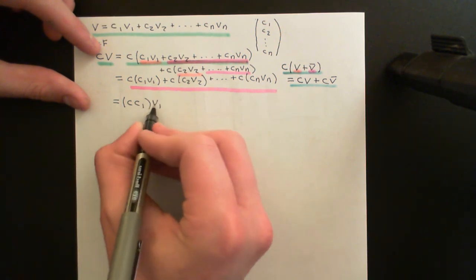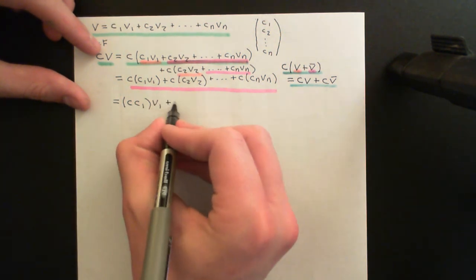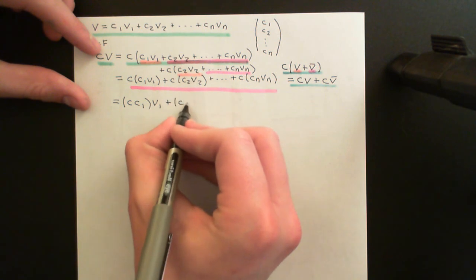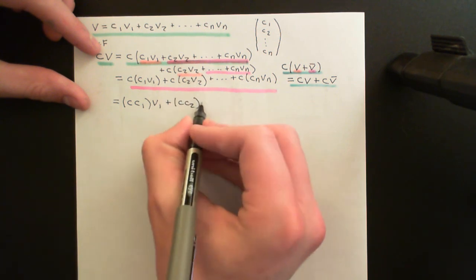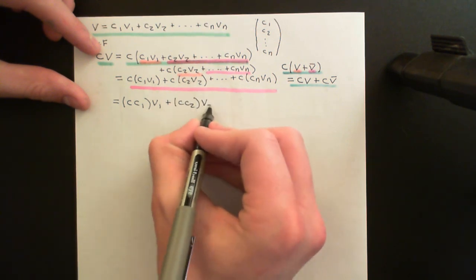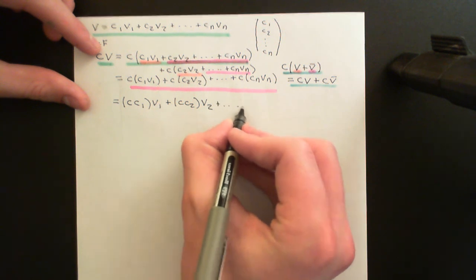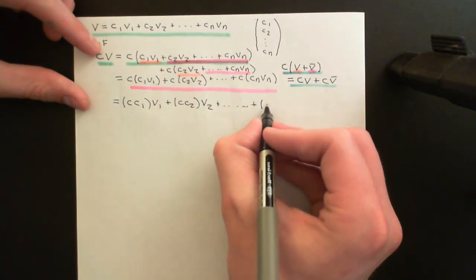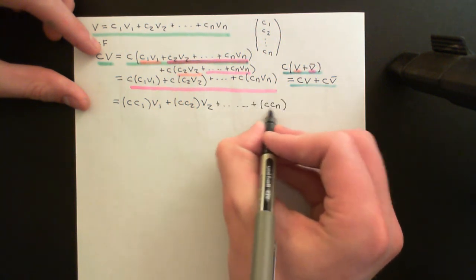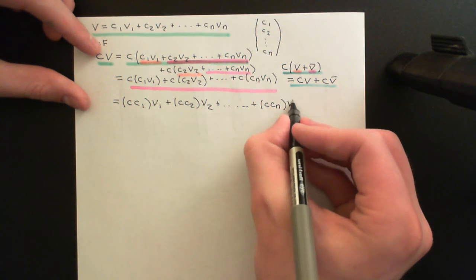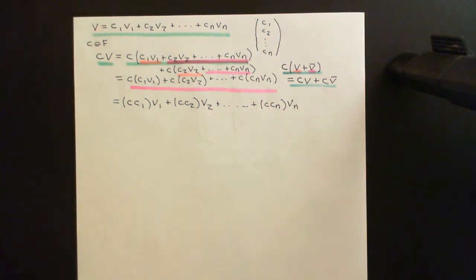Then the answer to that, scalar multiplied by v1, and then I can do the same here, plus c times c2, again multiplication in the field, get the answer, and then scalar multiply it by v2, and then continue on all the way up until you get c times cn, again field multiplication, and then scalar multiplied by vn.